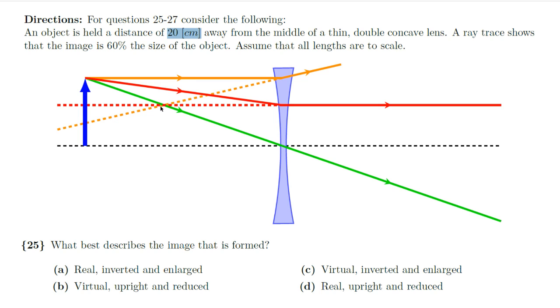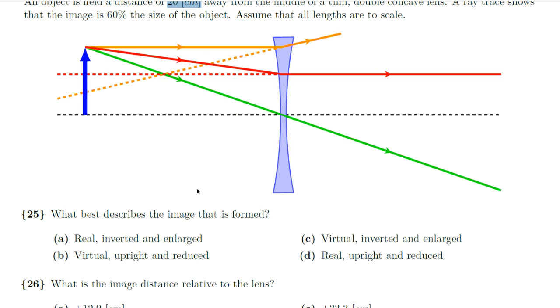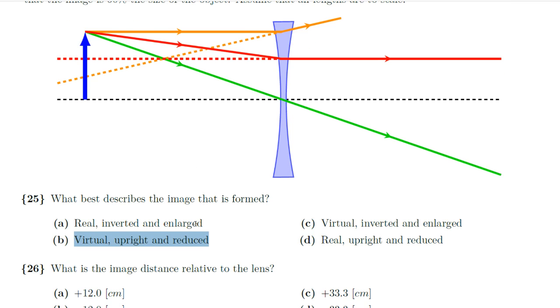Now, if I drew a little image with a little arrow pointing up to it, that would be upright, and it would also be reduced because it's smaller than the object. So it actually already answers the first question, 25. The image description will be virtual, upright, and reduced for the diverging or the double concave lens.